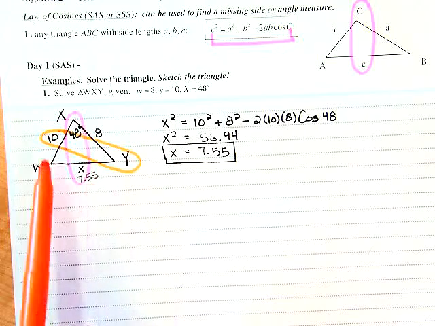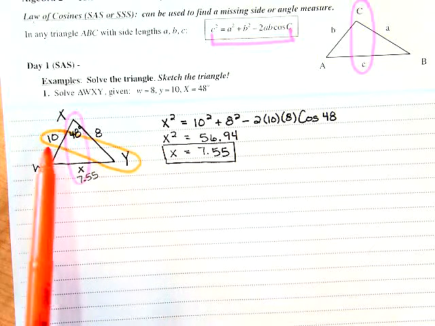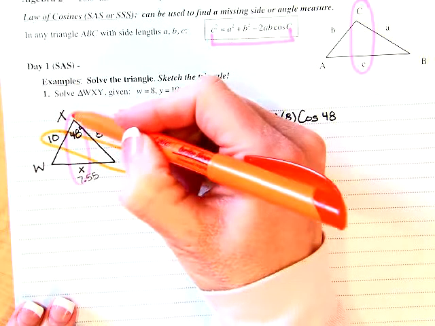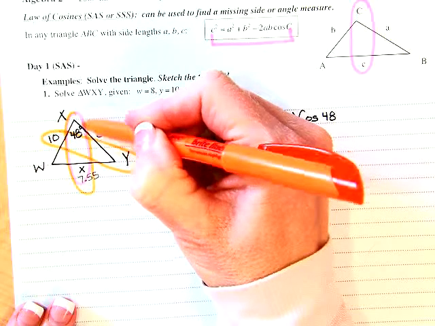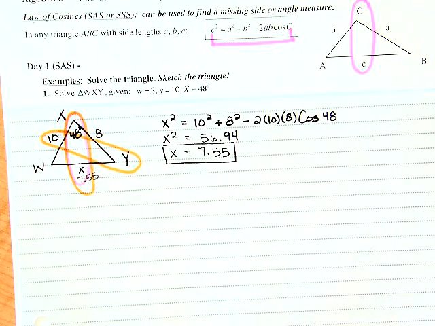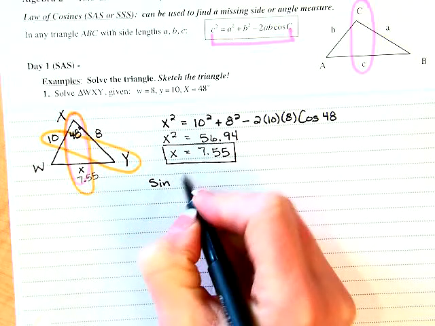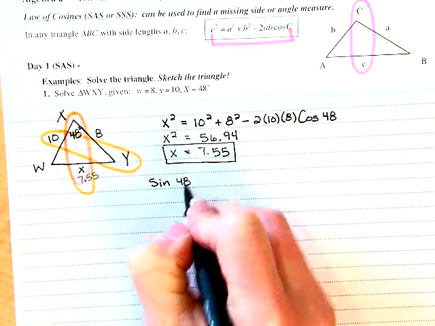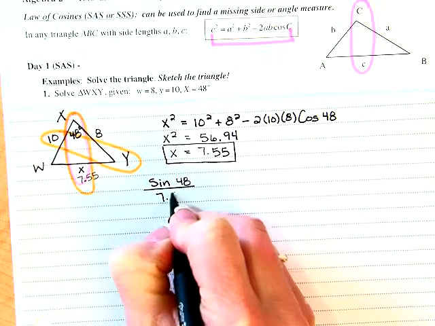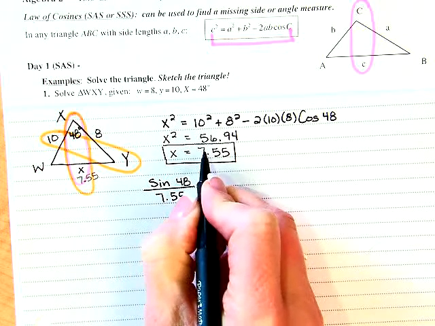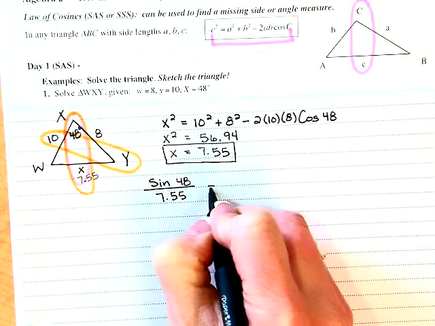So we're going to use the law of sines. We have the 10 and the opposite angle is unknown, but we do now have this pair, where we know both the angle and its opposite side. So here we go, law of sines: sine of 48 over 7.55, and I hope I got that right, because if this is wrong from our previous work, then this is going to be wrong here.